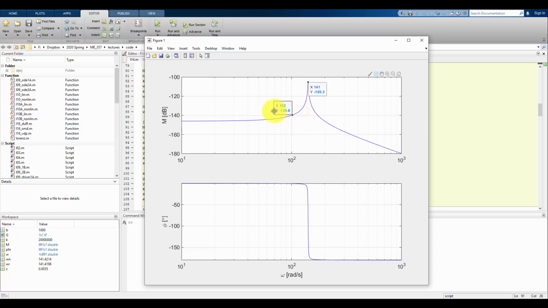That's back over here. At the peak we're at negative 105 decibels, but where we actually want to drive this system, at 100 radians per second, we're down to negative 140 decibels. Recall in the previous iteration we were at negative 100 decibels. So we've dropped by 40 decibels, which translates to a lower output amplitude.